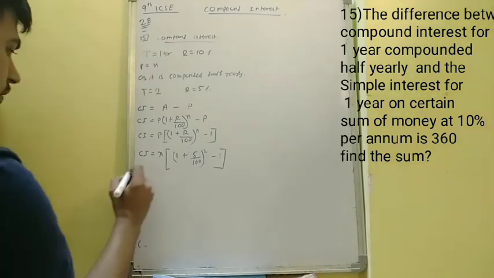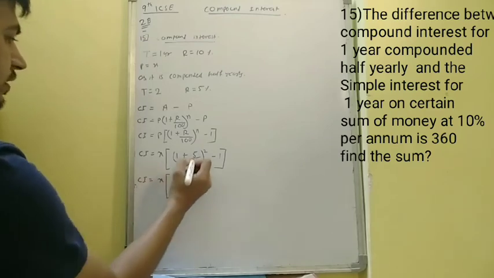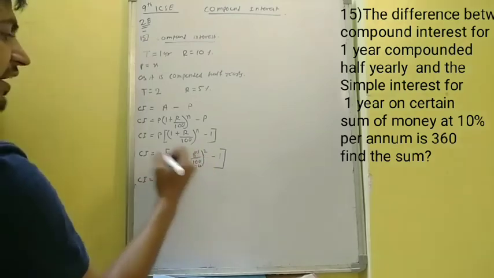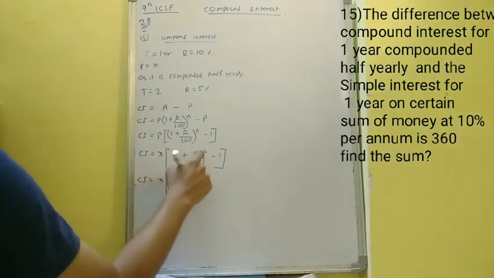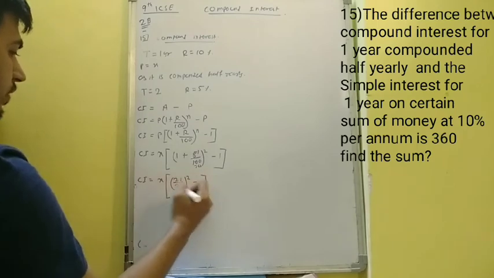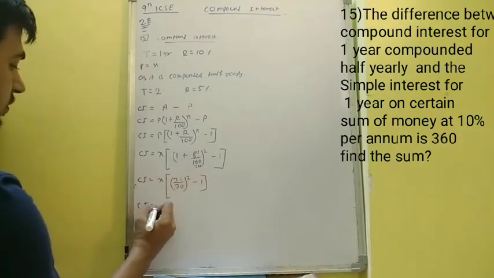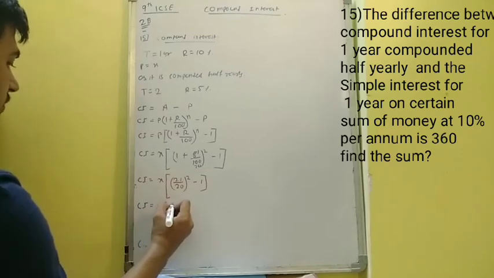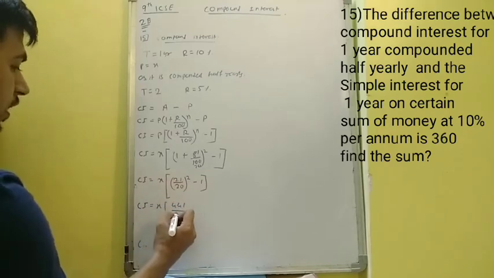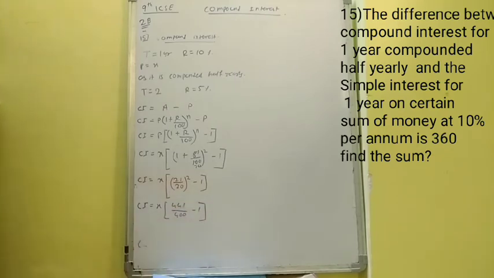So the compound interest is x as it is, 5 ones are 5, 20s are 21 upon 20 raised to 2 minus 1. So the compound interest will be 21 square is 441 upon 20 square is 400 minus 1.